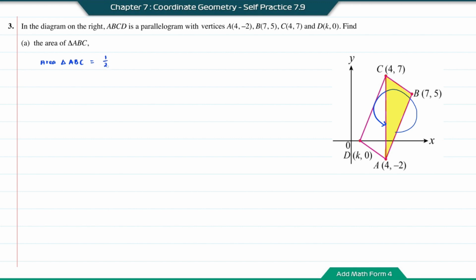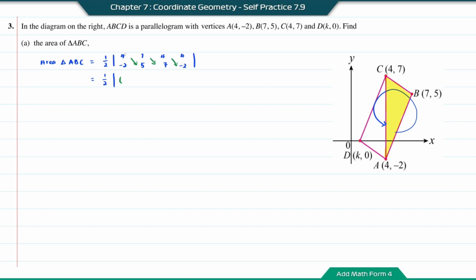So the area is equal to 1 over 2, start with the coordinate A, 4, -2, followed by 7, 5, 4, 7, and end with the first coordinate. So this is equal to 1 over 2, then we're going to sum all products in this direction.